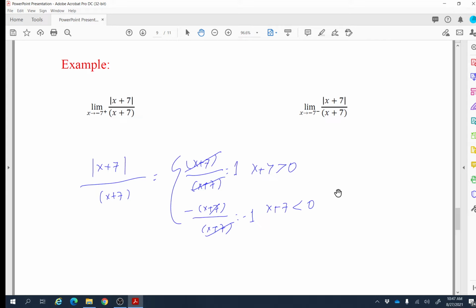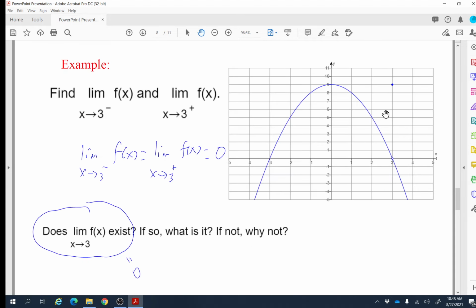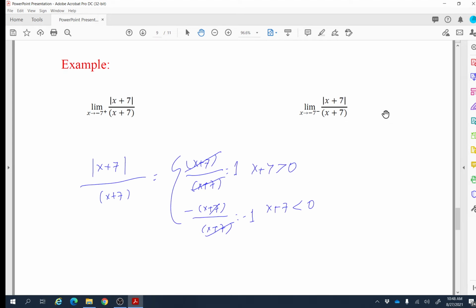So this is the same example like we did the first time. The absolute value of x plus 7 over x plus 7 is either 1 when x plus 7 is greater than 0, which means when x is greater than negative 7, and negative 1 when x is less than negative 7. If you try to plot the graph of this function here, so negative 7 is somewhere here.